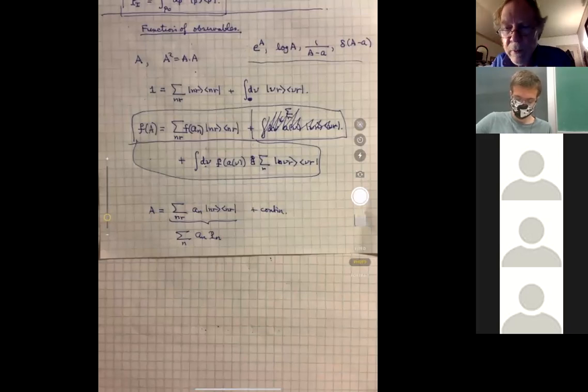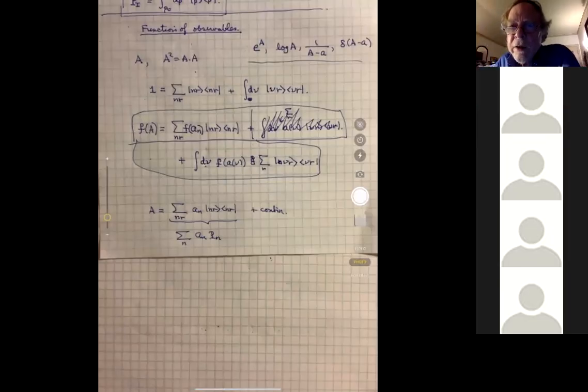Can you remind us why we have two indices for the discrete spectrum and the continuous spectrum? In the discrete spectrum, it's because the eigenfunction may be degenerate, and this r is an index that I use to resolve the degeneracy. So, for example, if there's a twofold degeneracy, then r takes the values 1 and 2.